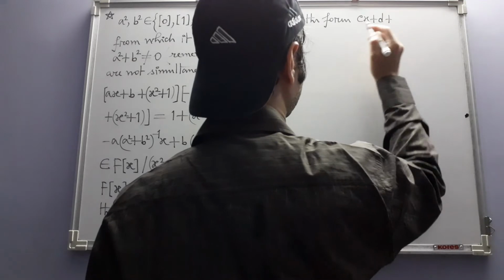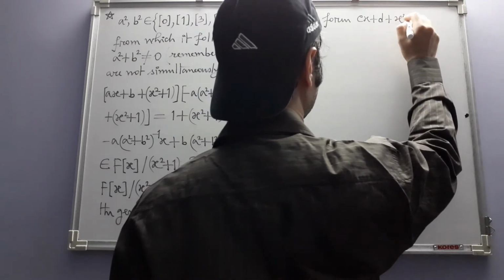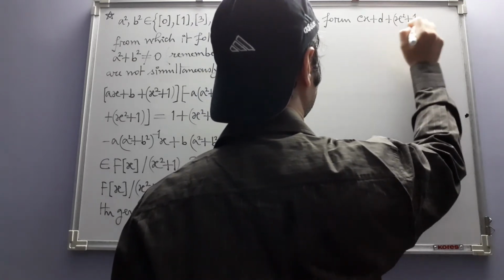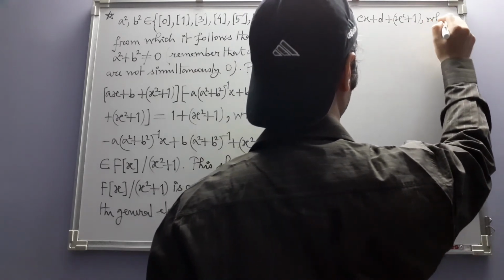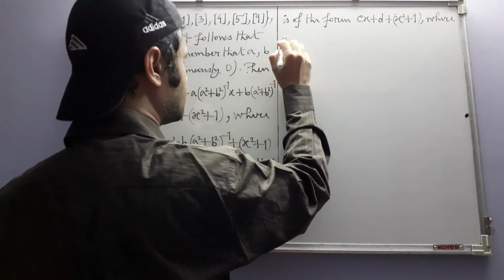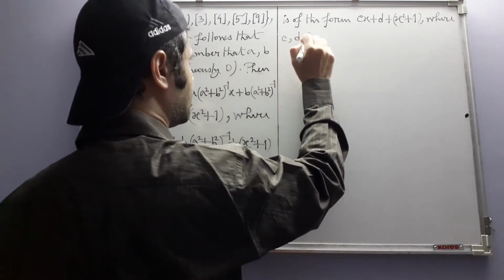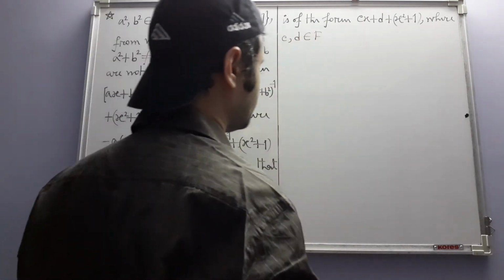Let's just use some other symbols, C and D, where C and D are integers modulo 11.